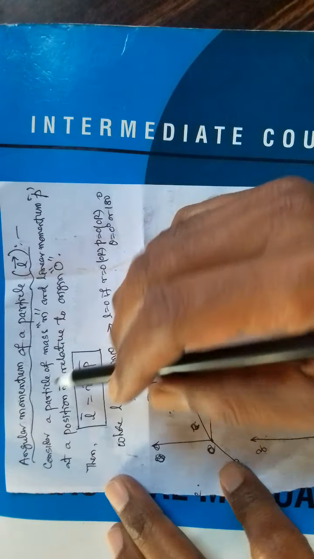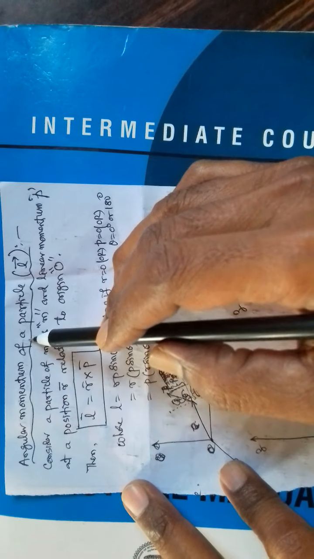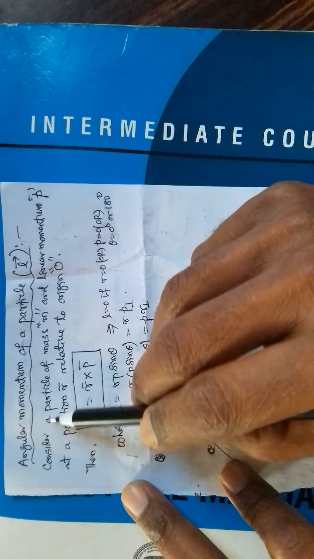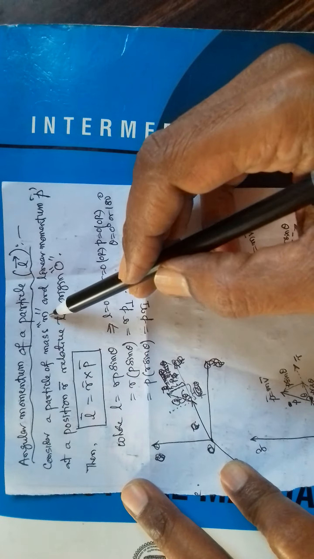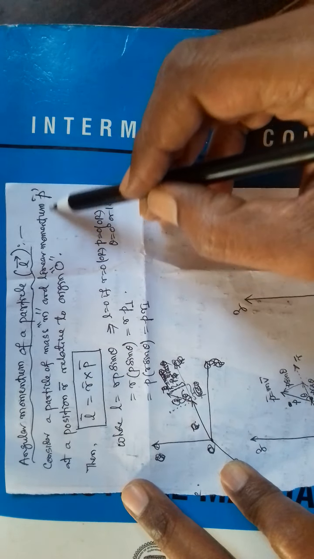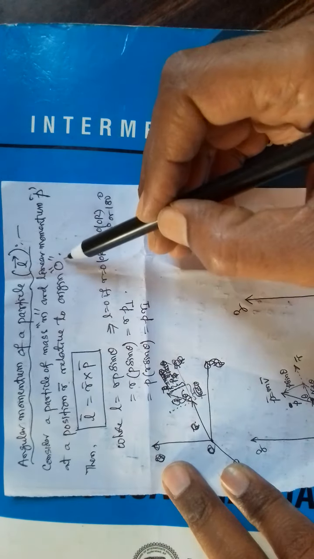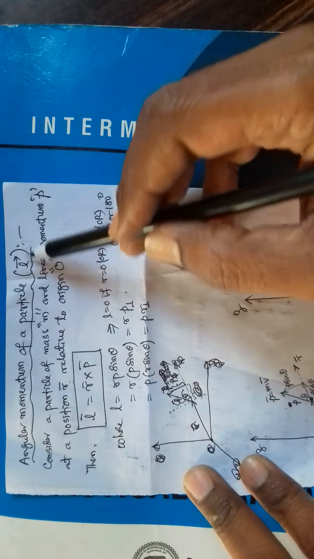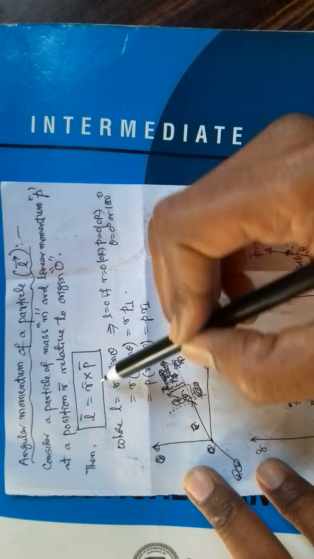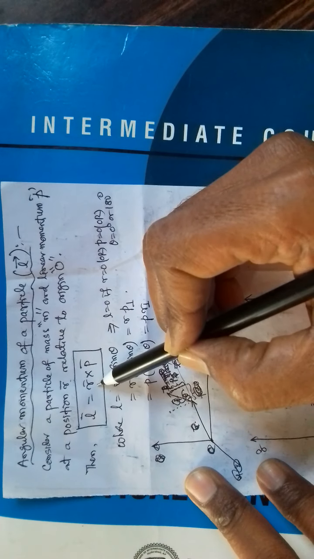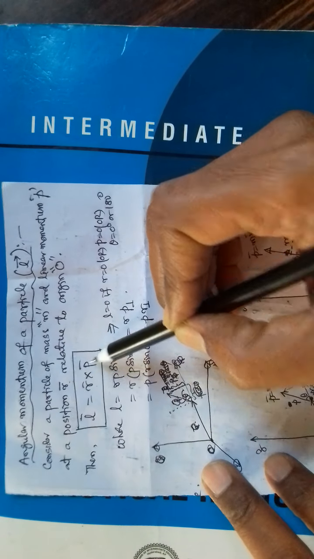Now let us consider angular momentum of a particle. It is shown by L. Consider a particle of mass m and linear momentum p at a position r relative to origin O. Then angular momentum is defined as the cross product of r and p, position vector and momentum vector.